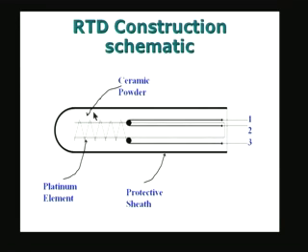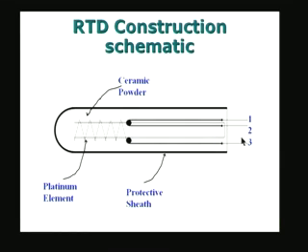It is loosely put inside a protective sheath material, which may be either metal or an alloy, and inside that you have a ceramic powder loosely filled between the element and the sheath. The platinum element is itself protected from the outside by the sheath, and either the 3 leads or the 4 leads are taken out as shown here.